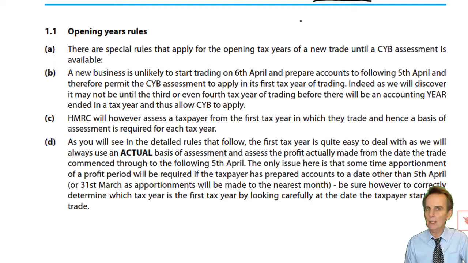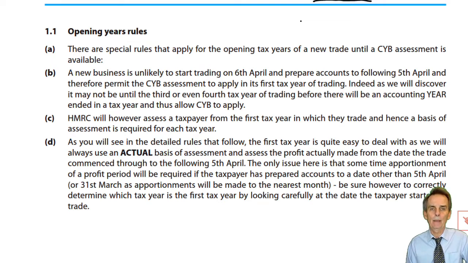Because again, businesses don't always start on the 6th of April and then choose the following 5th of April as their accounting date, so that immediately from the very first tax year you could use CYB. We will discover that it may be the 2nd, the 3rd, or in certain circumstances, even the 4th tax year before we end up being able to use CYB.